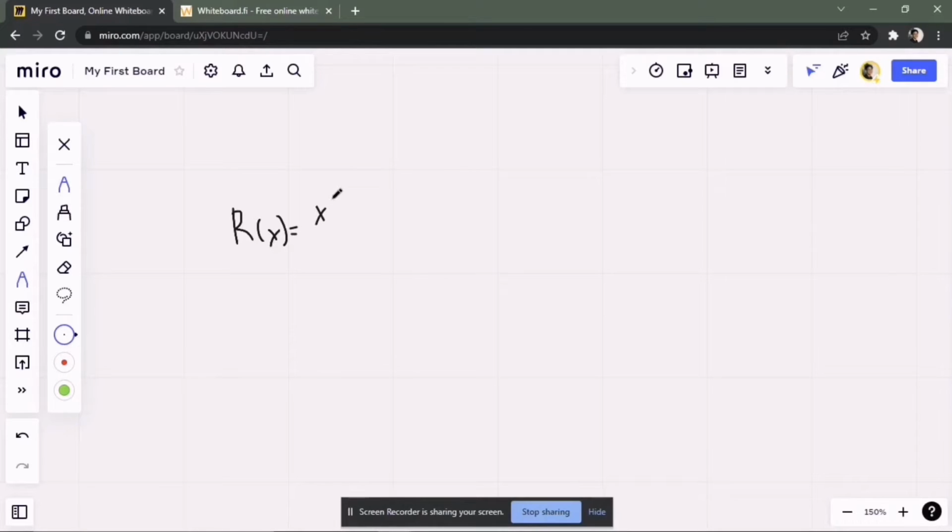For example, we have r of x is equal to x cubed plus 2x squared plus 4x plus 5 over x squared minus 3x plus 4, wherein the degree of the top or the numerator is equal to 3 and the degree of the bottom or the denominator is equal to 2, which we can see that the numerator's degree is greater than the degree found in the denominator.